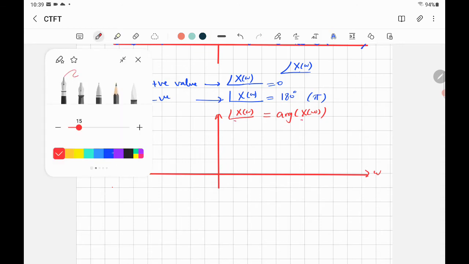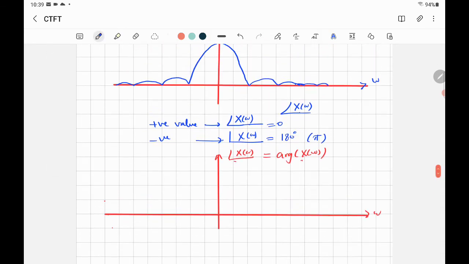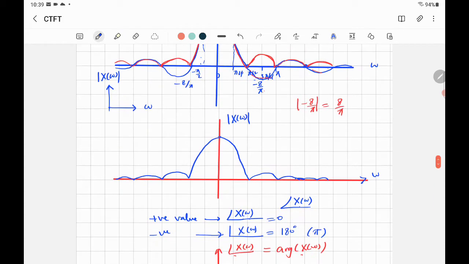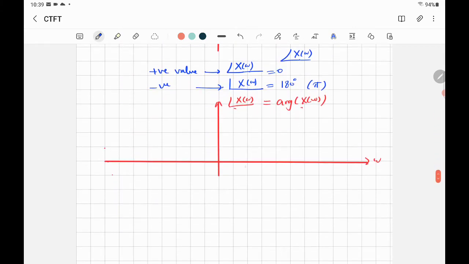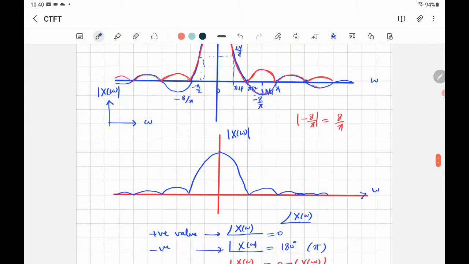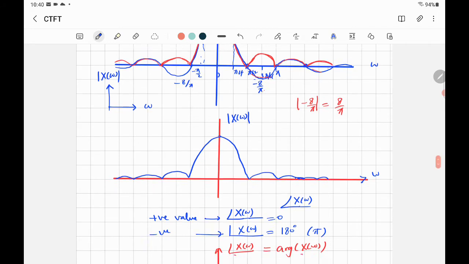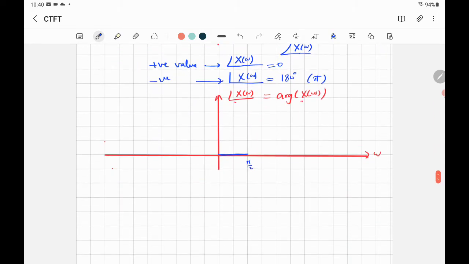Okay, so we observe that the original one, which was a positive value from 0 up to pi over 2, so the angle is equal to 0. And from pi over 2 to pi, it was negative. So the angle will be equal to pi.